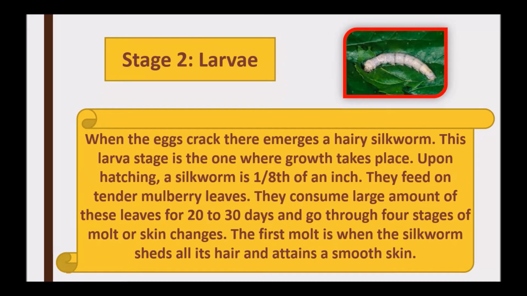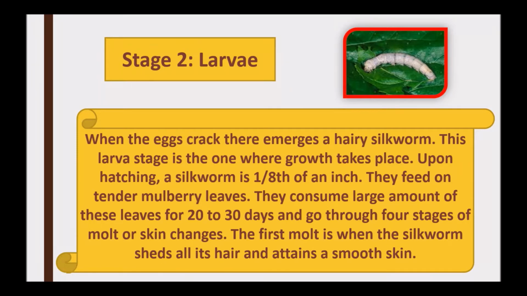The second stage is larvae. When the eggs crack, there emerges a hairy silkworm. This larva stage is the one where growth takes place. Upon hatching, a silkworm is 1/8 of an inch.